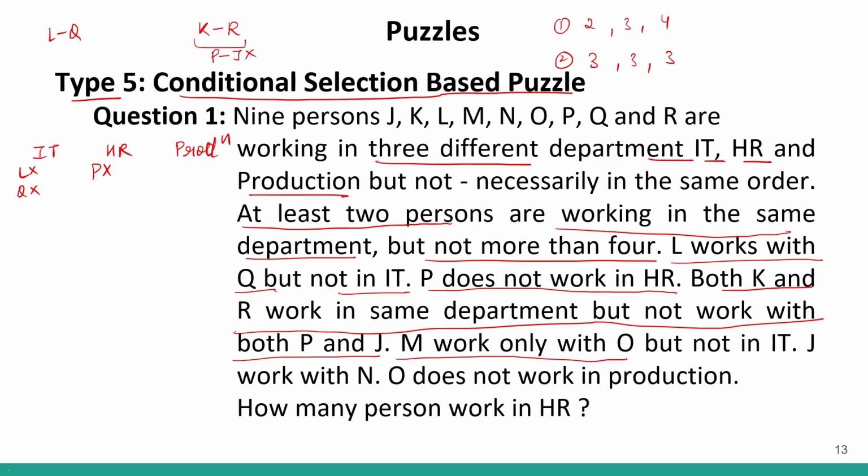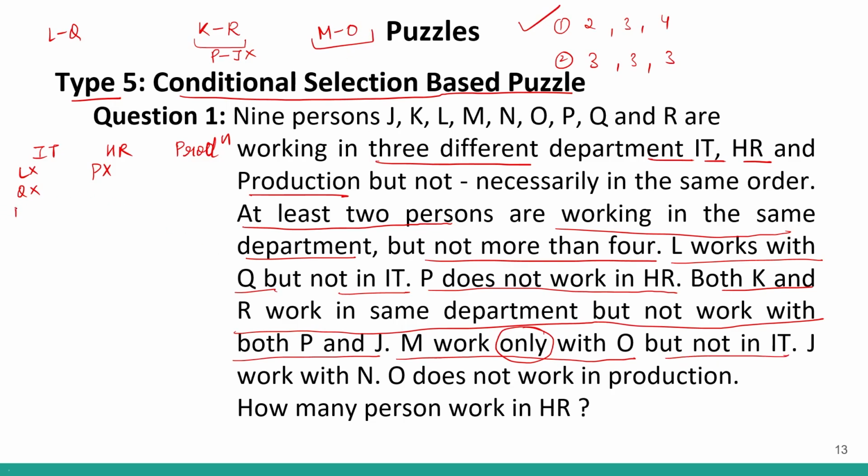M works with only O. Please pay attention to the word only. M works with only O, that means this possibility will be true: there would be a department where two people will be working, and a department where four people will be working, because M works with only O. So MO will be together in a department, but not in IT.